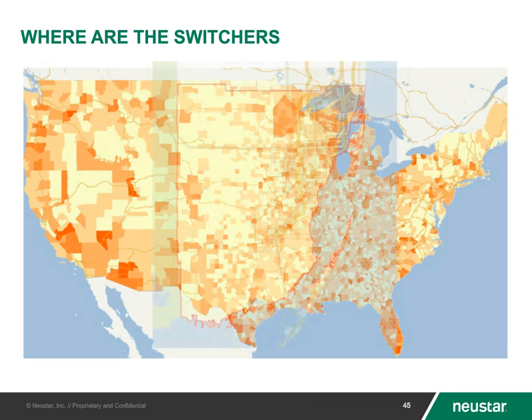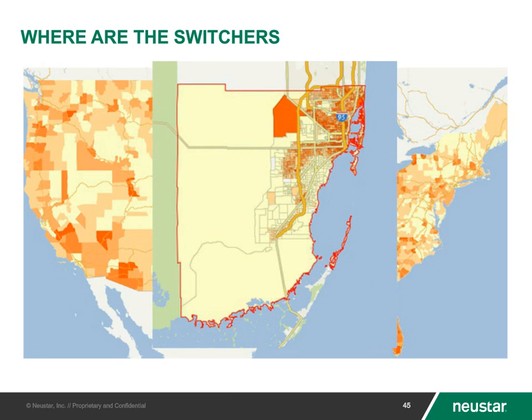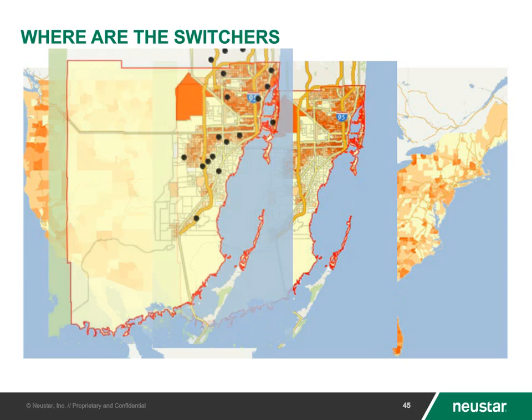drilling into markets, in this case the Miami market, to understand a little bit more about where within a local market, and then within the local market looking at a distribution network. Do I have stores in the right location, outlets in the right location? Is the problem in this market that I don't have the right distribution network?